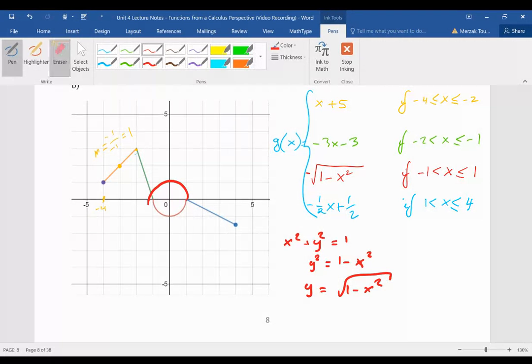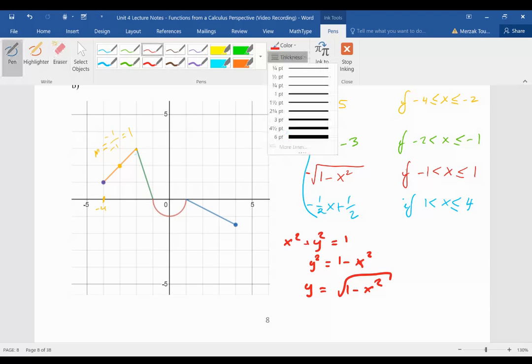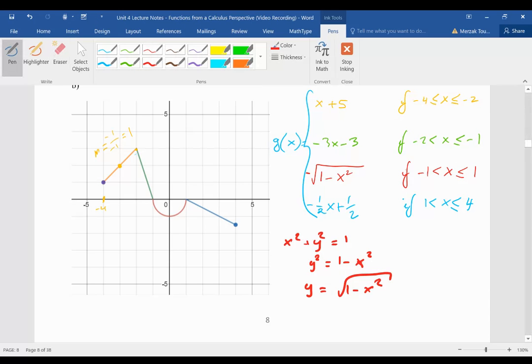Now, the half that I keep is the lower half, the half below the x-axis. What we know about this half of the circle is that every point's y-coordinate is negative, except the point on the x-axis, which will be 0, but every other point will be negative.